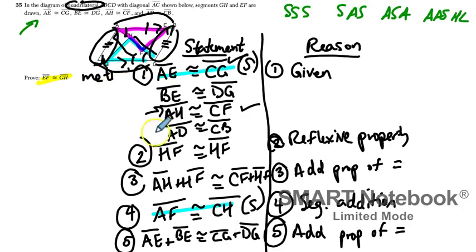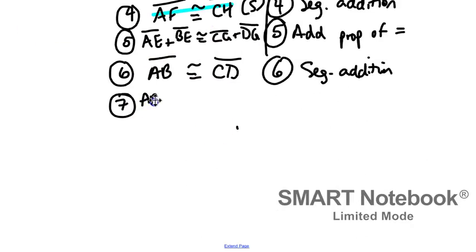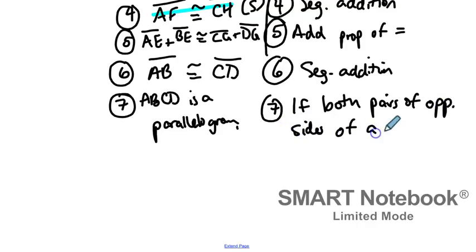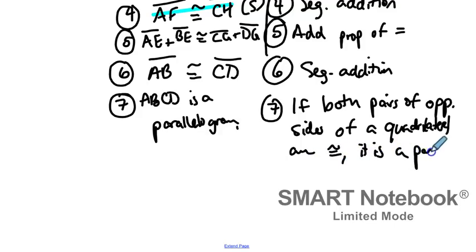From step 6, and from this part of step 1, I know that ABCD is a parallelogram. Because if both pairs of opposite sides of a quadrilateral are congruent, it is a parallelogram.